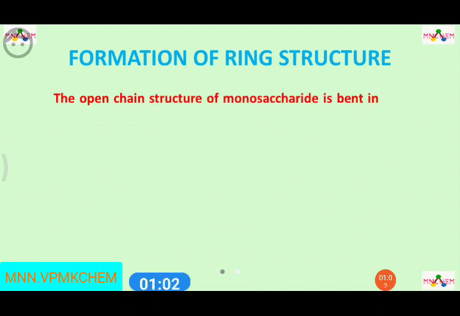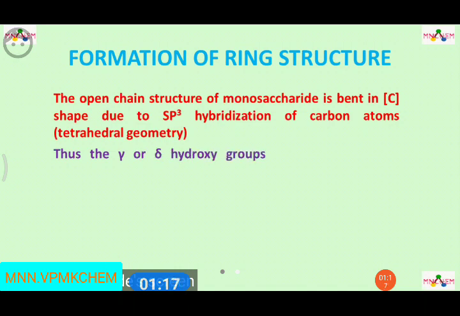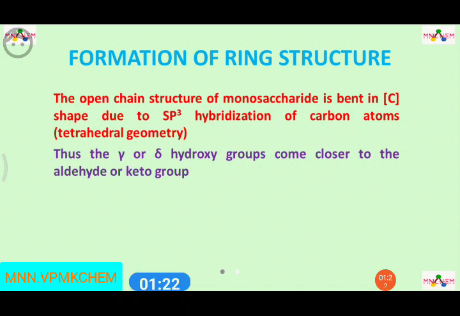We said that open chain structures of monosaccharide are bent in a C shape due to the sp3 hybridization of the carbon atoms. Because of the sp3 hybridization, the carbon has tetrahedral geometry, and therefore the open chain structure of monosaccharide bends like the C alphabet.